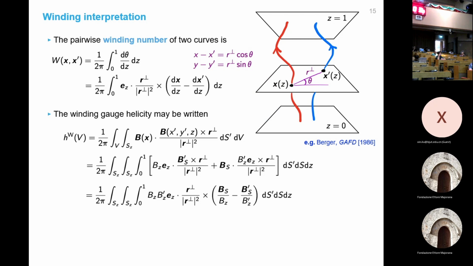And so that means that it's the winding between the magnetic field lines, because a magnetic field line, an integral curve of B, is precisely defined by the fact that dx by dz is B horizontal over Bz. So if you want to think of a discrete collection of tubes like we did for the helicity, then your helicity in this gauge is just the flux-weighted average of this pairwise winding number.